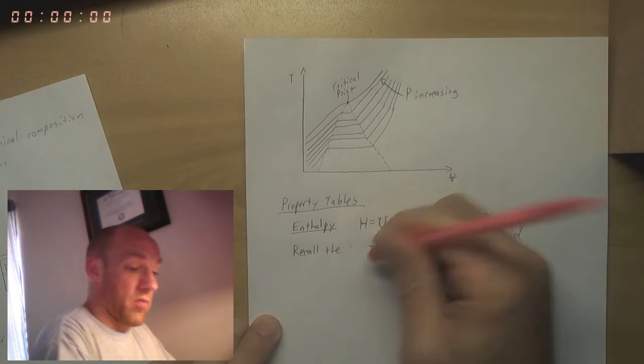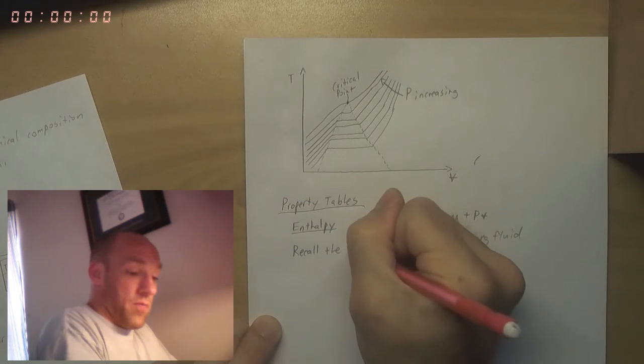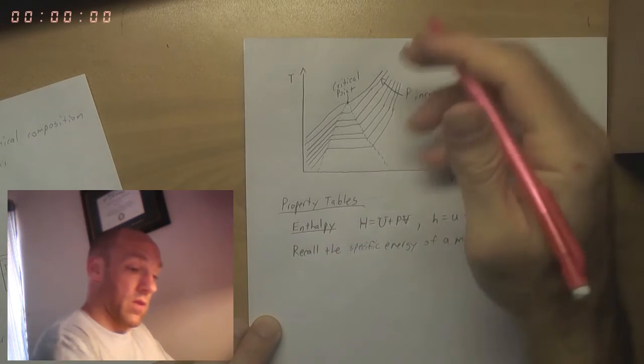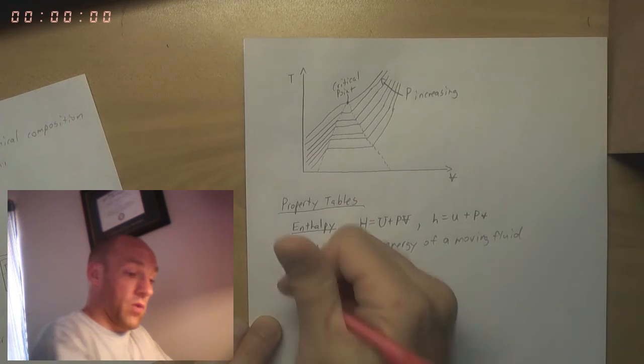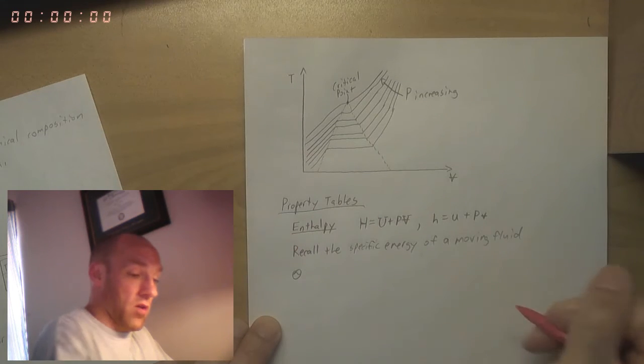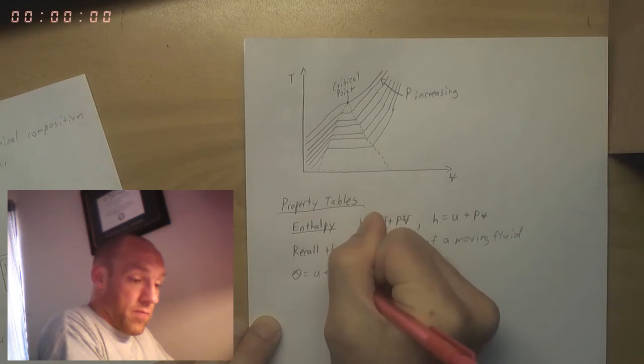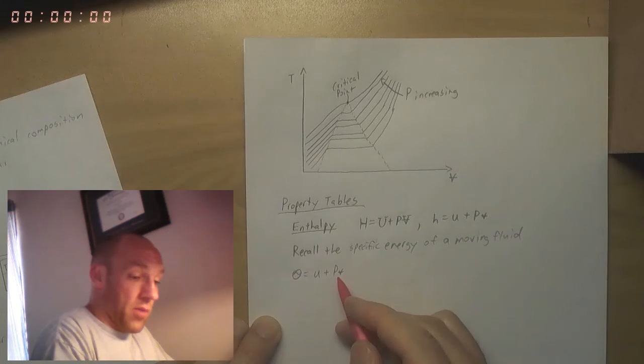That makes more sense. Specific energy of a moving fluid was given by this symbol theta, and it was the internal energy plus the flow work.